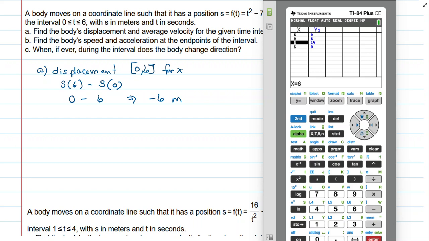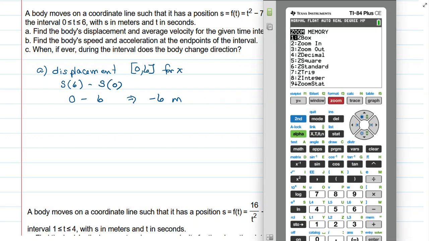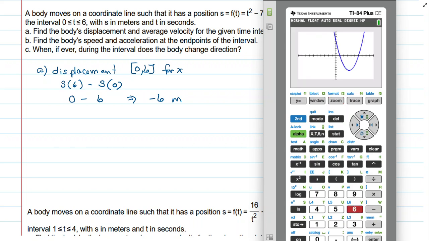What happened at 6? Find out, right? So it must be touching the x-axis. Is it? Let me go zoom 6. It's going backwards down and coming back up, and it's at 0.